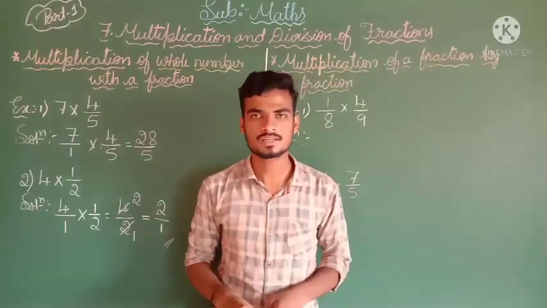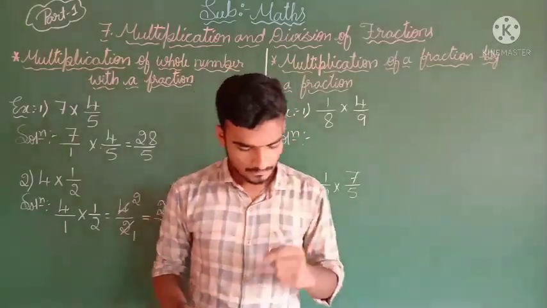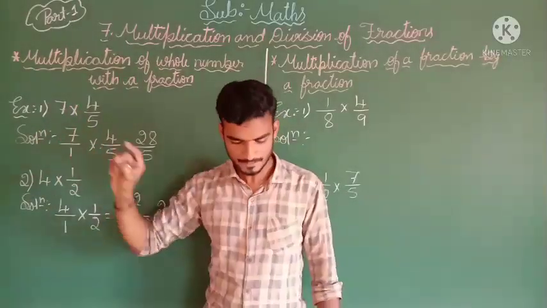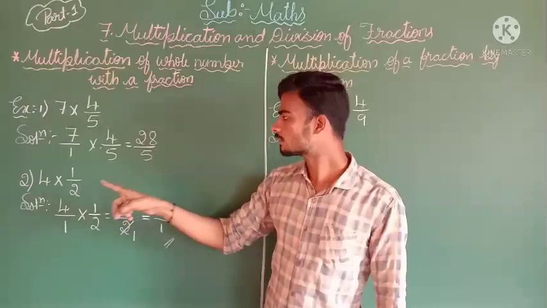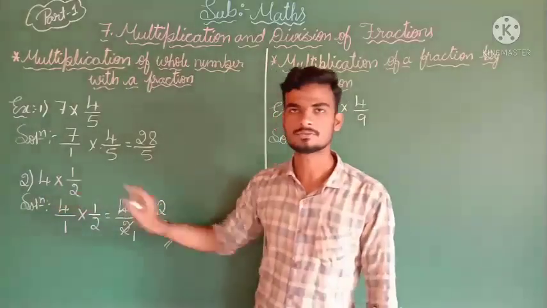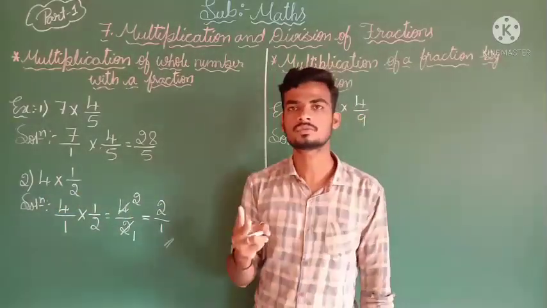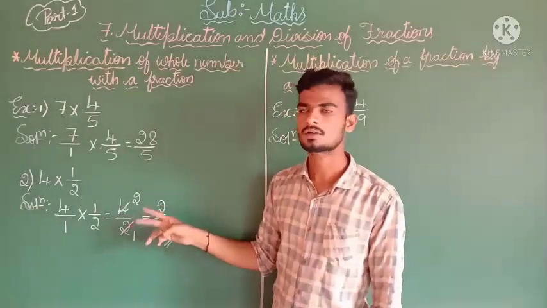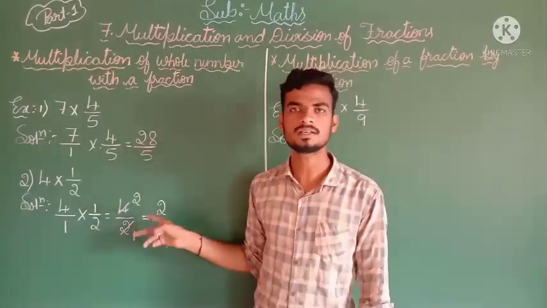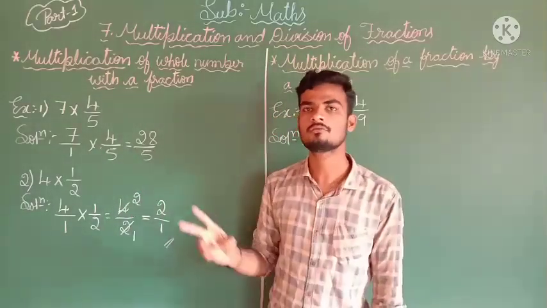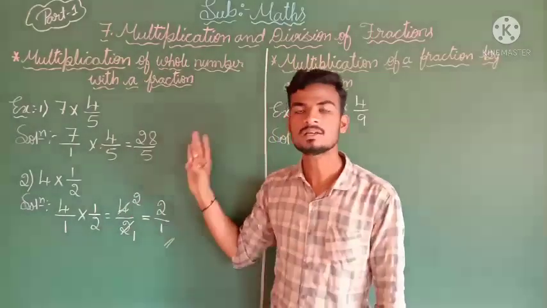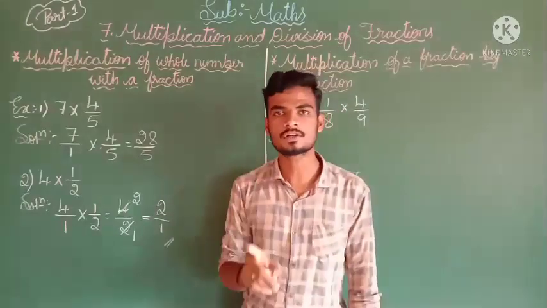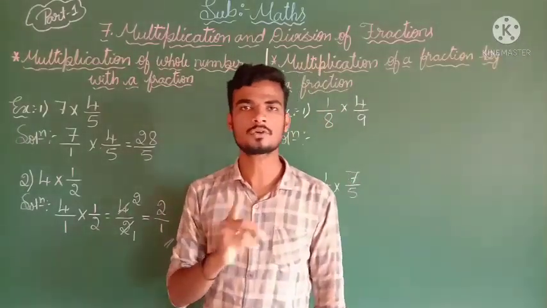Find the product. In that, the second question, 7 into 4 by 5, and the fourth question, 4 into 1 by 2. The remaining two questions you have to solve using the same steps. I hope everyone is copying this in your rough notebook. The remaining problems you also have to solve in your rough notebook. After solving, you have to send me a photocopy.